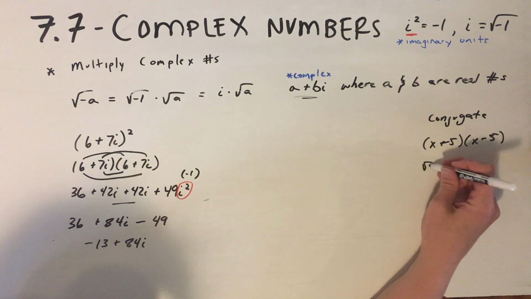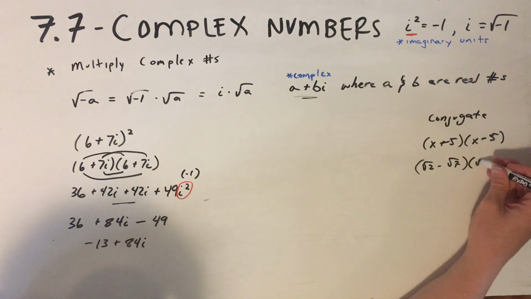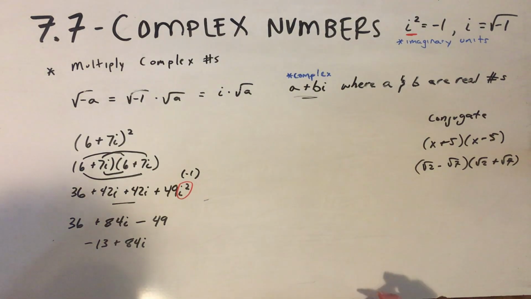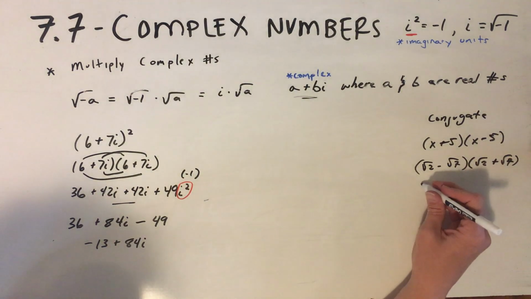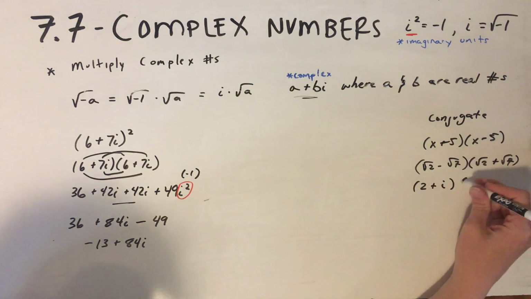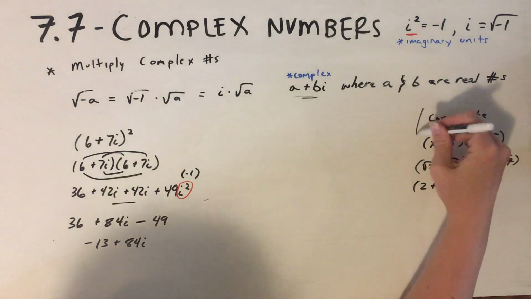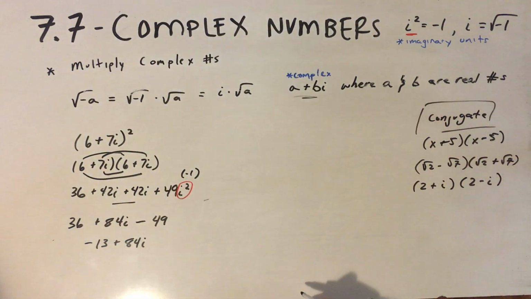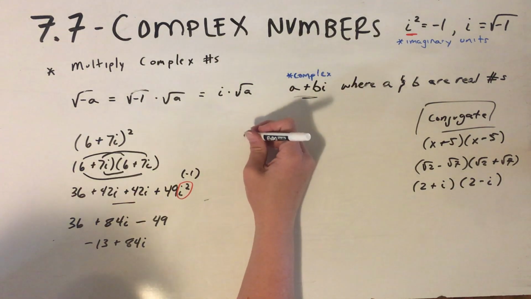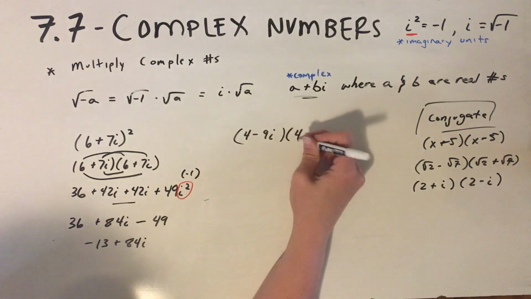And if I had the square root of 2 minus the square root of 7, then the conjugate would be the square root of 2 plus the square root of 7. And if I had 2 plus i, then the conjugate would be 2 minus i. Okay, so again, this idea of a conjugate keeps creeping up. We have it several times. So if I wanted to multiply conjugates together, let's see what ends up happening here.